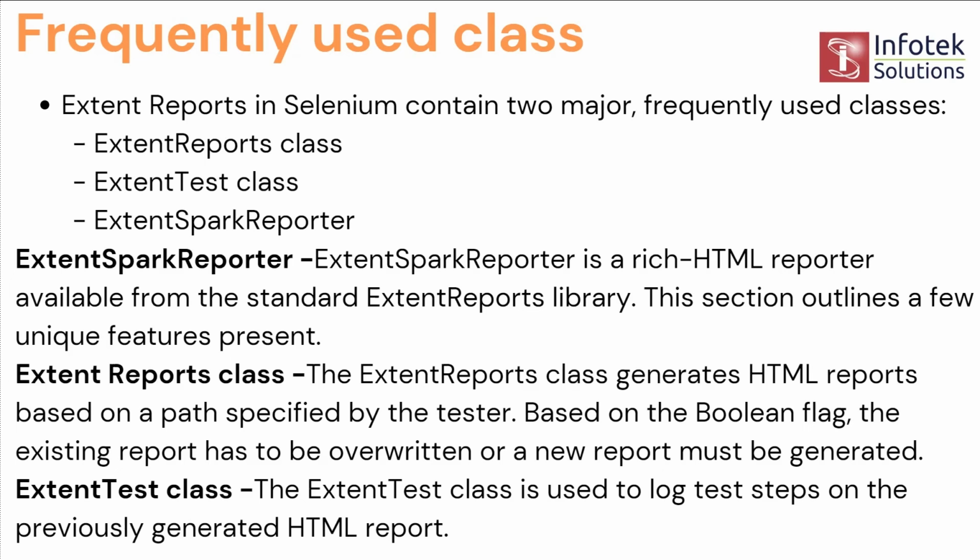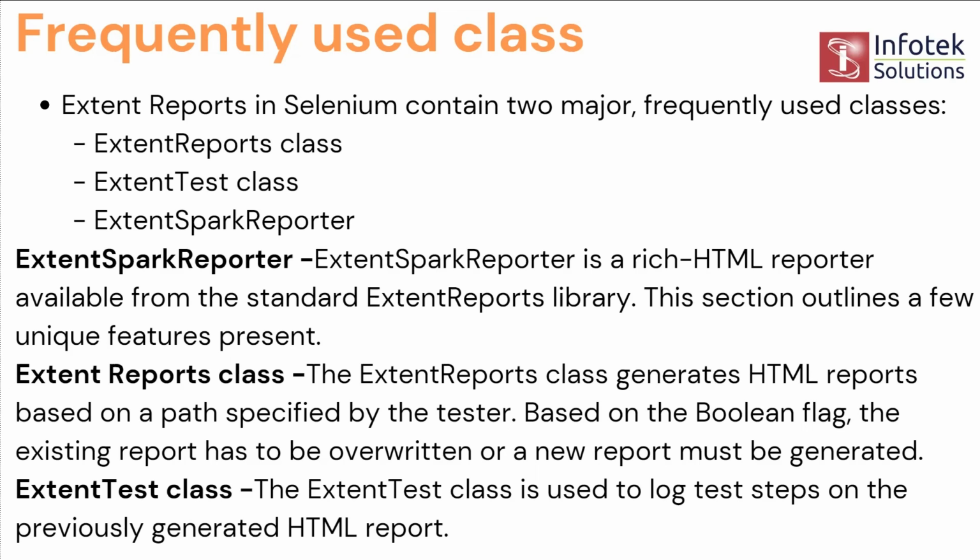Now, the ExtentReports class generates an HTML report based on the path specified by the tester. Based on the Boolean flags, the existing report has to be overwritten or a new report must be generated. Now the ExtentTest class is used to log test steps on the previously generated HTML report.